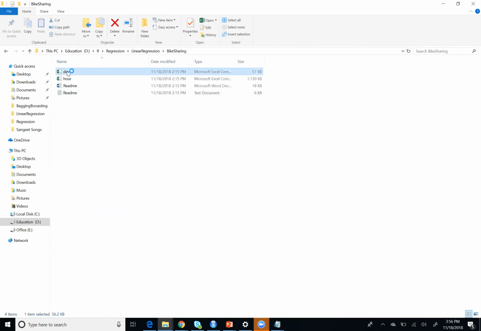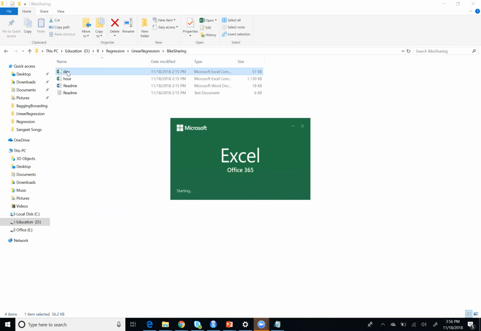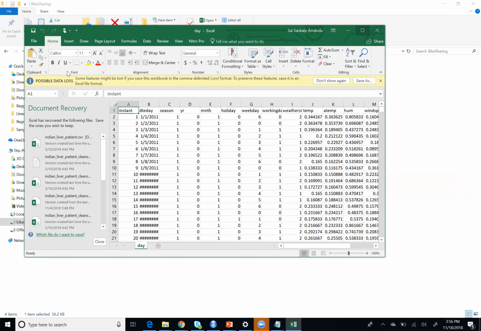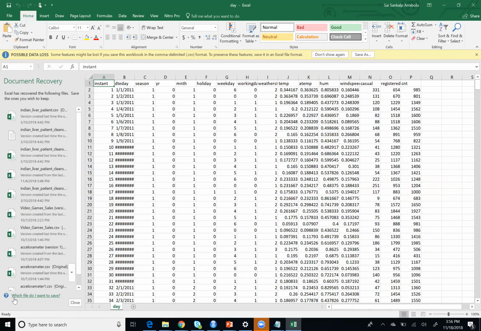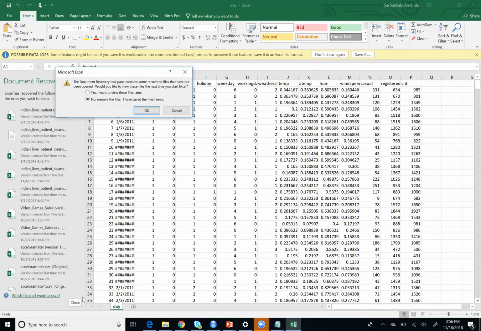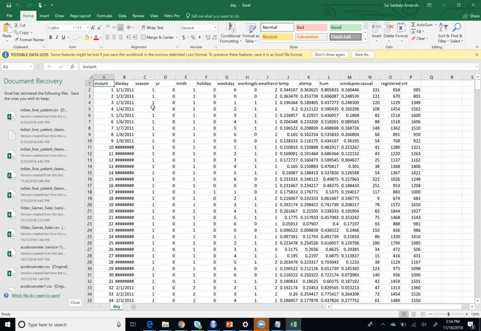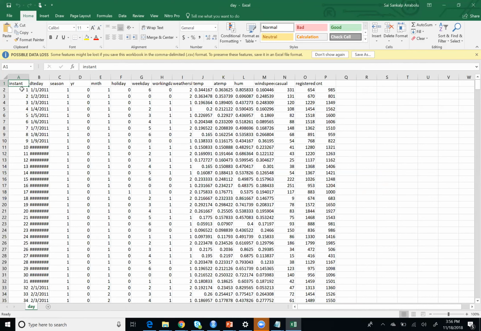let me open the day file. If you look at the data set here, this is the ID, but it tells you which day, what season it is, which year it is, like next year is labeled as 1, 2, 3, which month, whether it's a holiday or not, whether it's a weekday or not, whether it's a working day, what the weather condition is, what the temperature is.